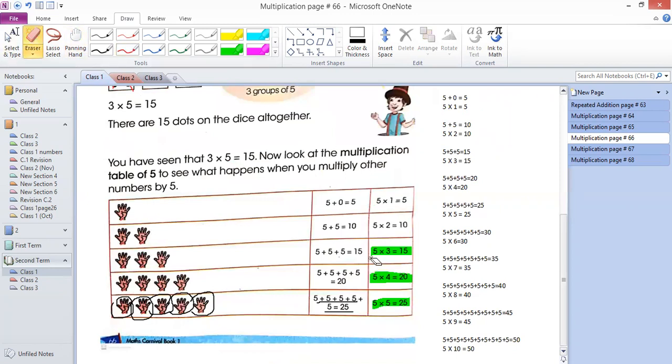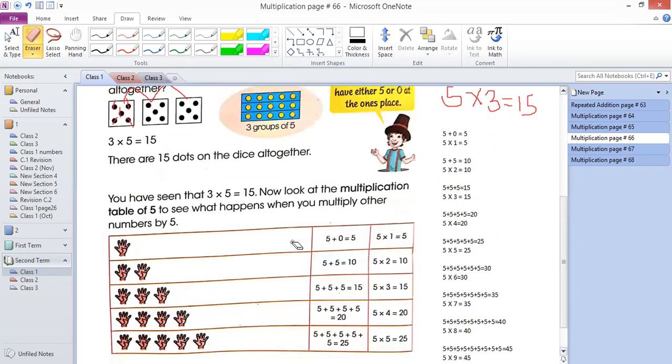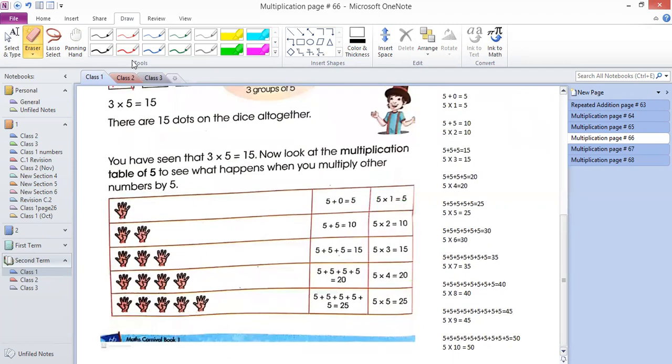So we will see when we multiply 5 with other numbers, what result we can get. So you can find here the hand. This is only one hand. But this one hand is a group of 5 fingers. If you see in one hand, there are 5 fingers.